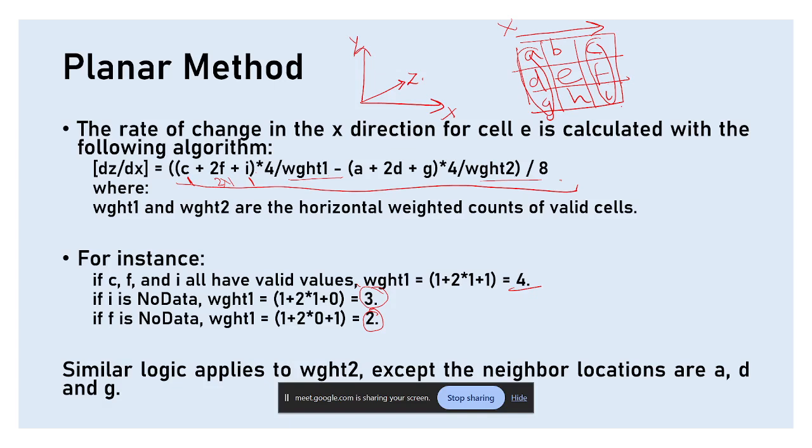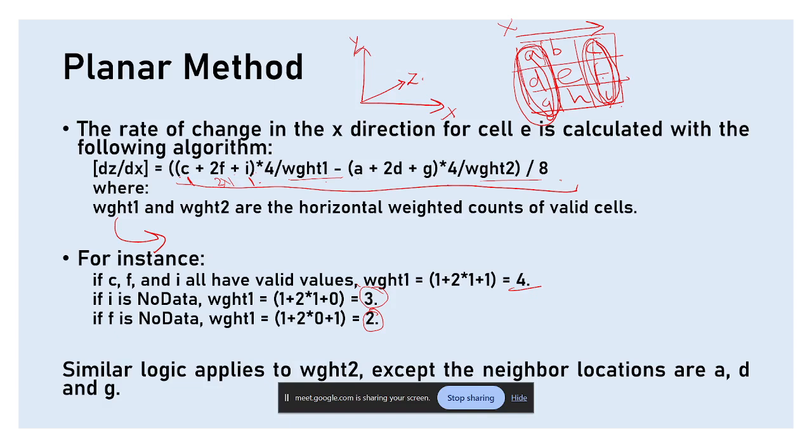For example, in case of weight 1, you can see we are considering the C, F and I cells, and for weight 2 we are considering A, D and G. You can see in the formula also, where you have weight 1, we are considering the values of C, F and I cells, and for weight 2, we will be considering the values for A, D and G. Now this is a rate of change, right?